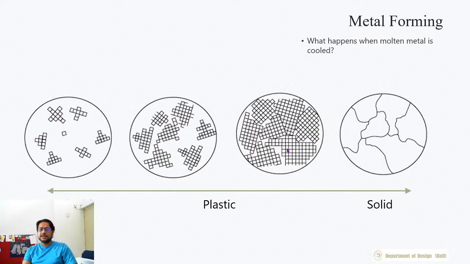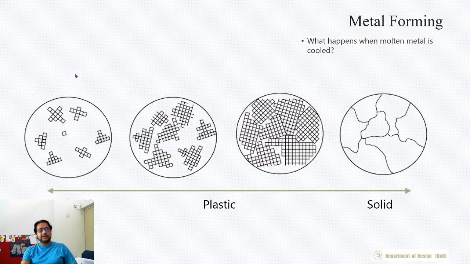Finally, at a slightly heated temperature, when the metal is not very soft but still malleable, that's called forming. And at the solid stage, you can form the material, or you can also machine it. So these are roughly four stages where we can categorize different types of manufacturing processes.